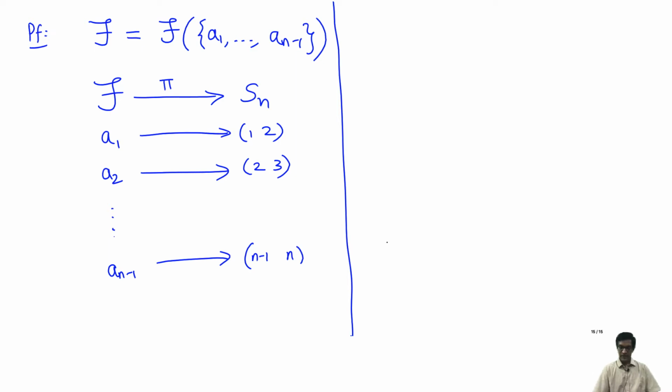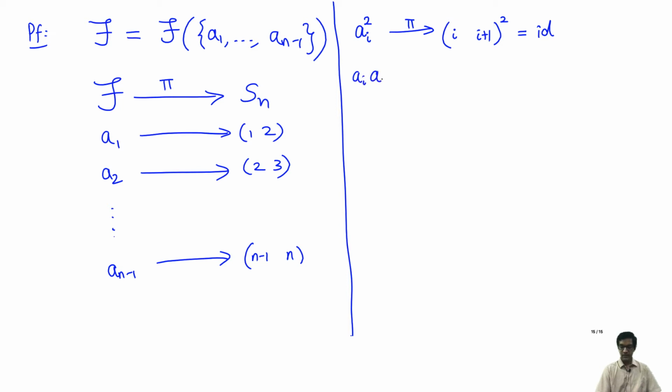Observe that just like in the case of S3, each Ai squared is going to map under pi to the square of the transposition (i i+1), and a transposition of course has order 2. So each Ai squared maps to the identity, so Ai squared is in the kernel.